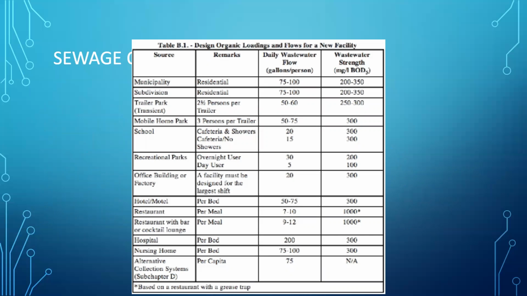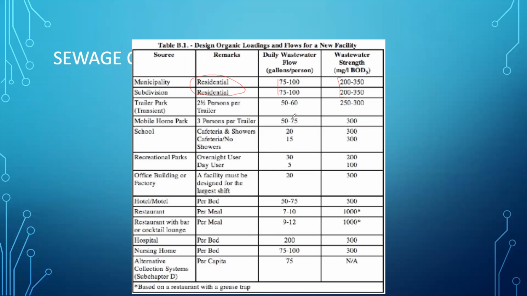So in this particular table, it's providing organic loadings and flows for new facilities based on different source types. So residential sources, 75 to 100 gallons per person per day are anticipated, and the wastewater strength is 200 to 350 BOD5, or 5-day biochemical oxygen demand.